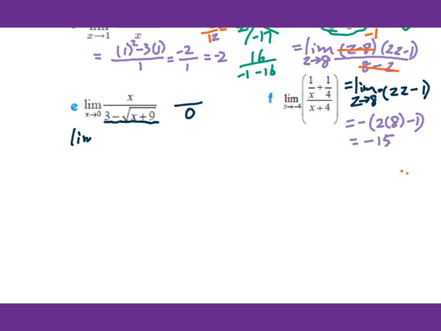We can do the limit as x approaches 0 of 3 minus square root of x plus 9, then times the conjugate, 3 plus square root of x plus 9.